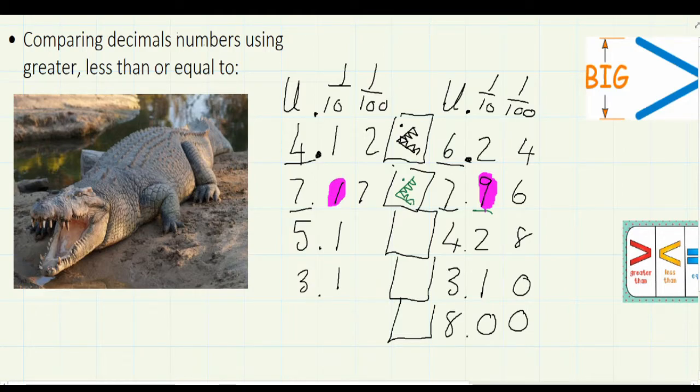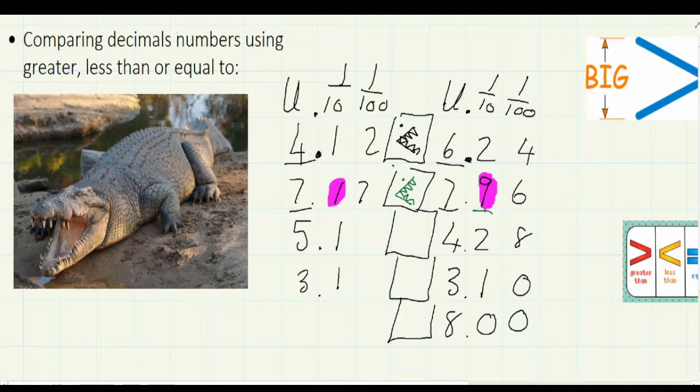Now Mr. Saul, we have 5.1 and we have 4.28. So surely 4.28 should be a larger number because it has more digits. It's got 3 digits, hasn't it? Well, that's interesting. But if we utilize our strategy, we might be able to debunk this myth that the larger the amount of digits, the higher the number.